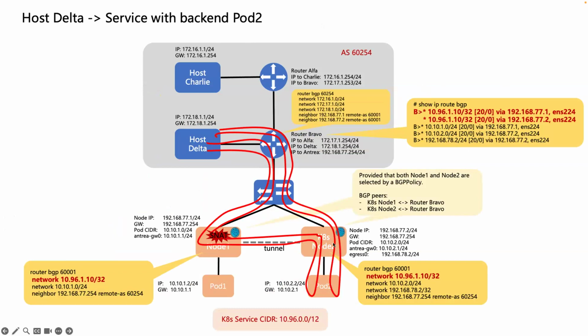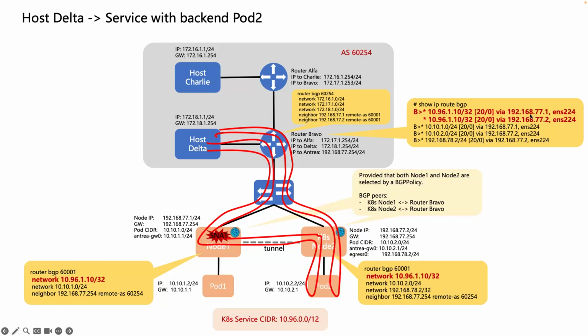Another important case is about ECMP. We can advertise in this case where we have two nodes. The BGP policy selects two nodes, and in every node the service IP will be advertised. We can see that we have two BGP routes in the remote router to the service.